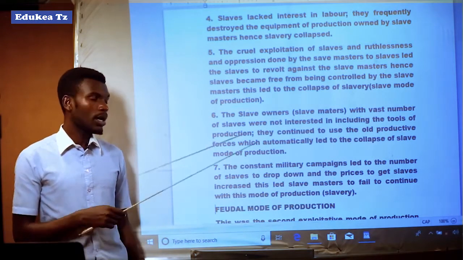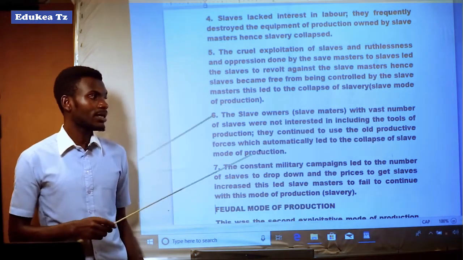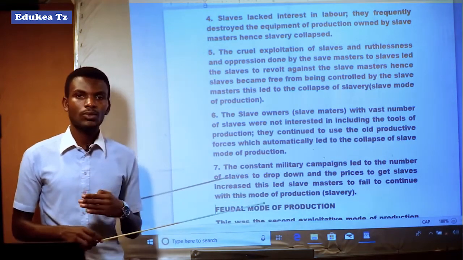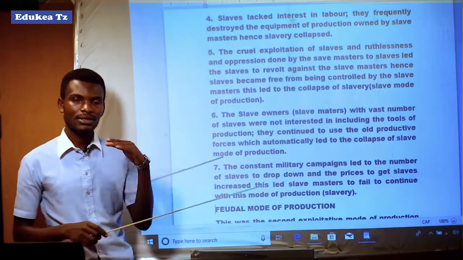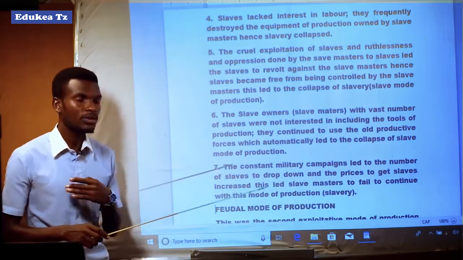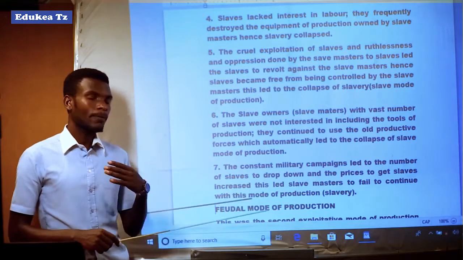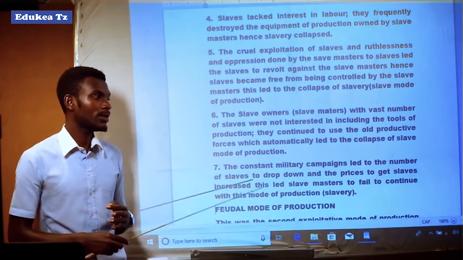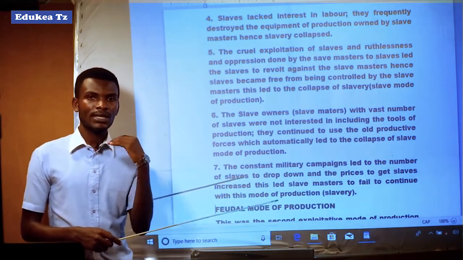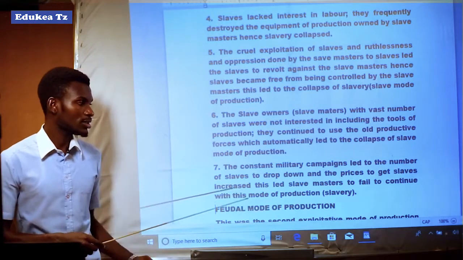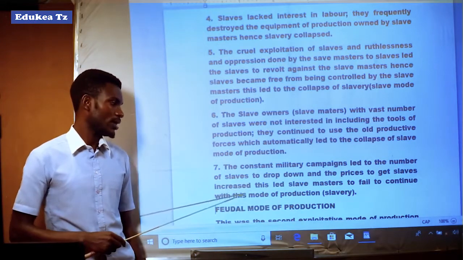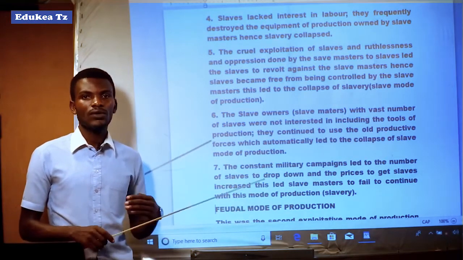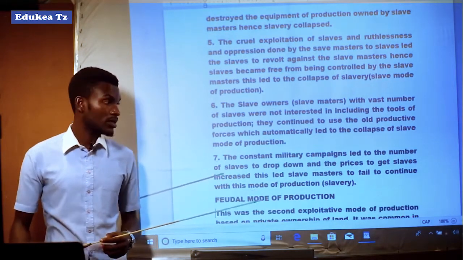The price of getting slaves was becoming higher, which made it difficult for slave masters to obtain slaves, and the use of slaves was no longer needed. That marked the collapse of slavery and gave rise to the feudal mode of production in the area.